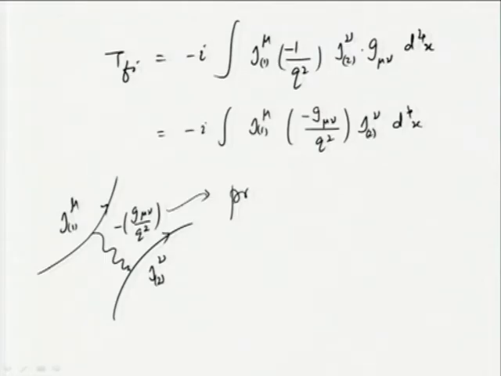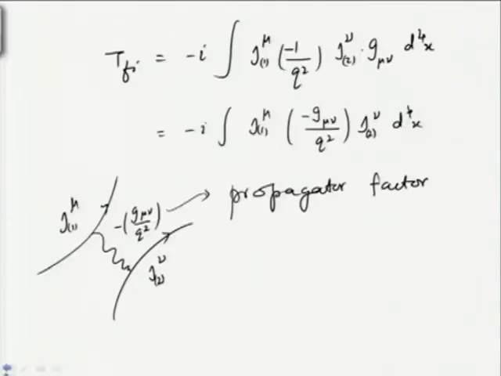When j1 looks at it, it sees the effect of j2 propagated to j1, and the factor corresponding to that coming in the transition probability is minus g mu nu over q square. We call this the propagator factor.